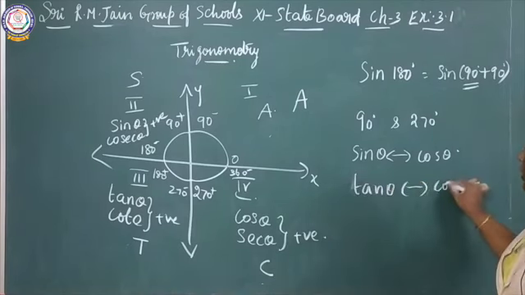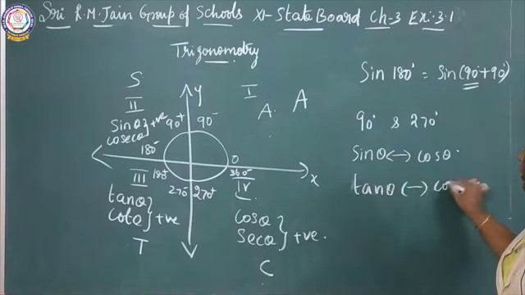It becomes the starting stage, that is 0 degree. So the coterminal angle of 1150 is 70 degree.